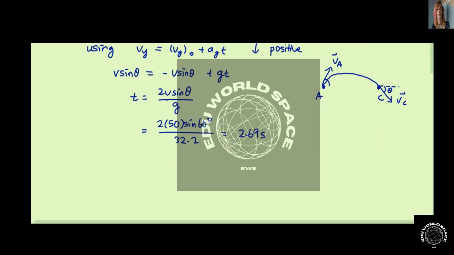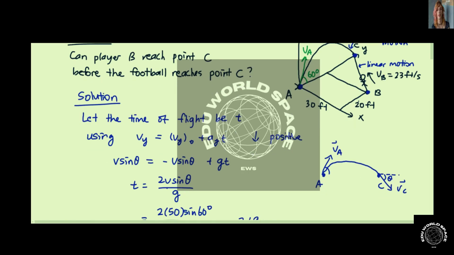Then we'll calculate the distance AC. This is just V naught cosine theta times t, because looking at this, it's moving along the horizontal axis, and so this component of velocity is V naught cosine 60 degrees, right?